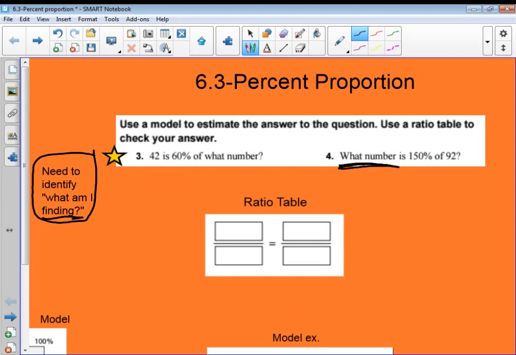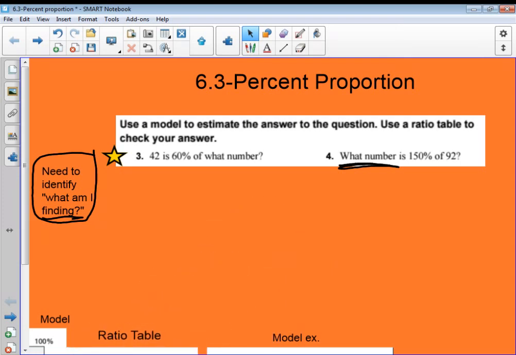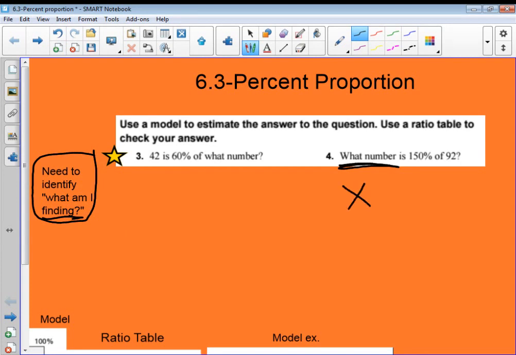What number is 150% of 92? All right, so think to yourself, what is this asking? Is it asking for the percent, the whole, or the part? So what number is 150%, so I put that as a decimal.